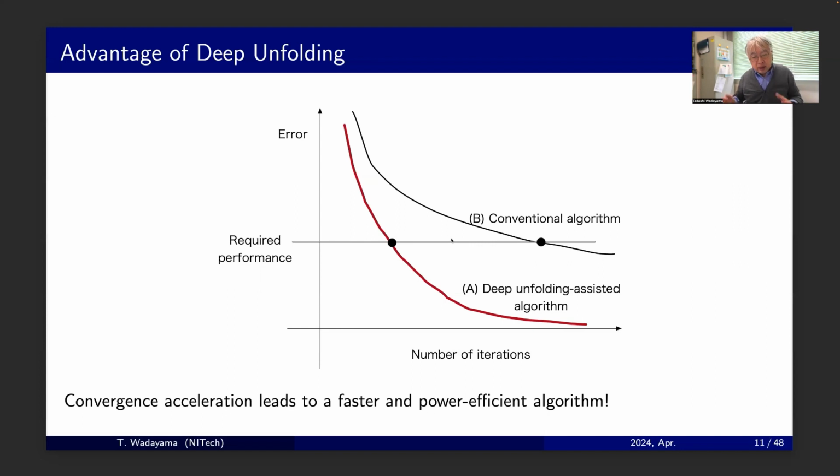Of course, this convergence acceleration is a significant benefit of deep unfolding because it leads to a faster and power-efficient algorithm in many signal processing tasks. Thus, this is the main advantage of deep unfolding.